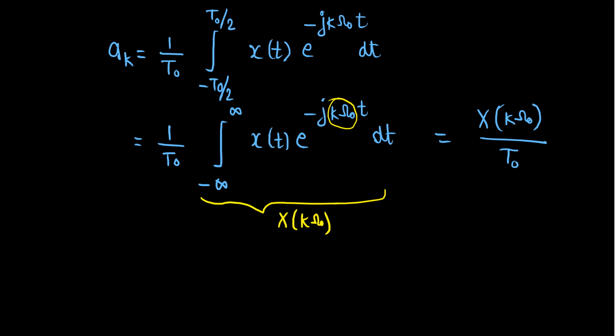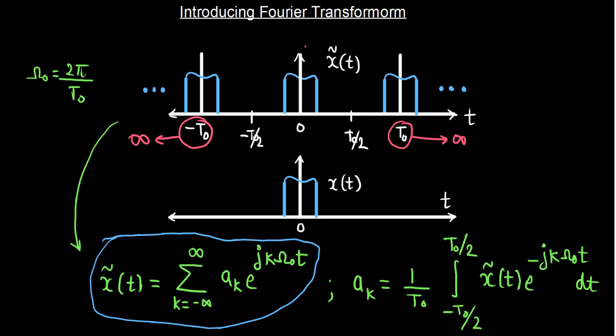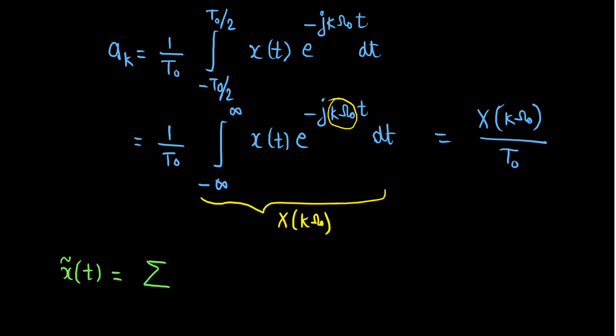So I will write x tilde of t equals, you can see from this equation, summation where k is running from minus infinity to infinity of ak, and we know this ak from here, it is capital X of k omega naught by t naught times e power jk omega naught t.